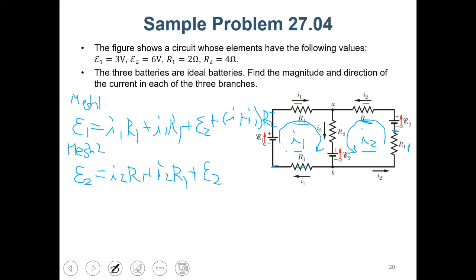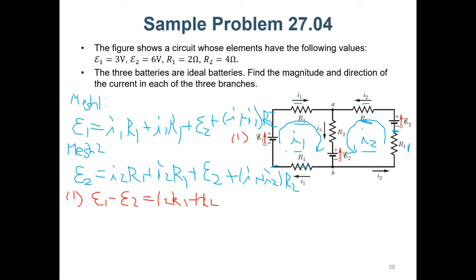And for R2, it is similarly I1 plus I2 times R2. So we can try to simplify equation 1 to be like this: E1 minus E2 equals 2R1 plus R2 times I1 plus I2 R2.